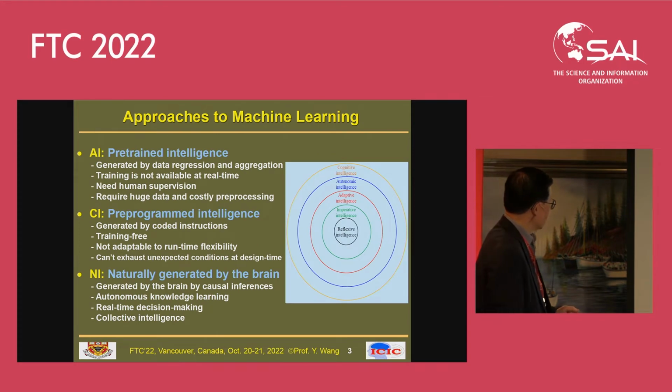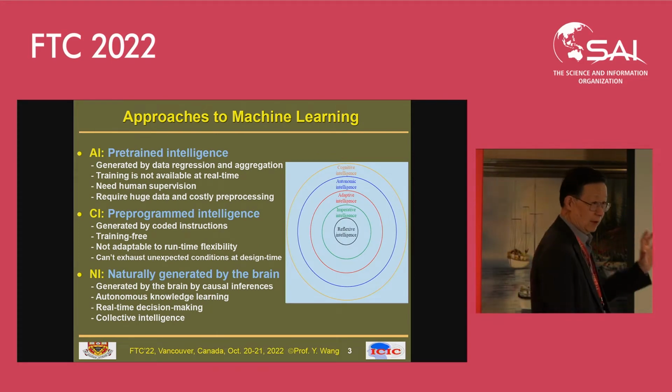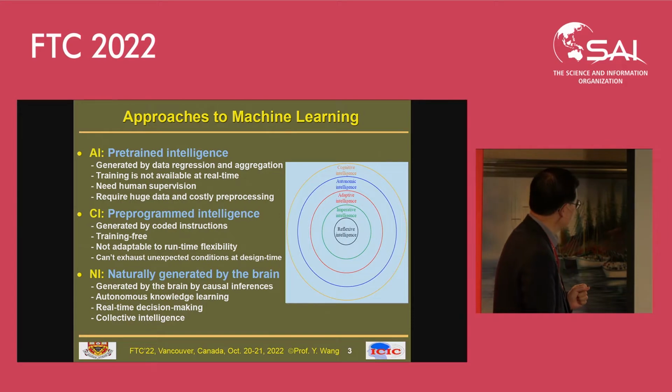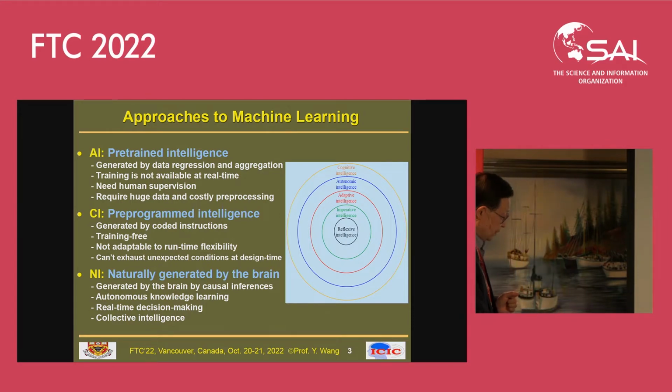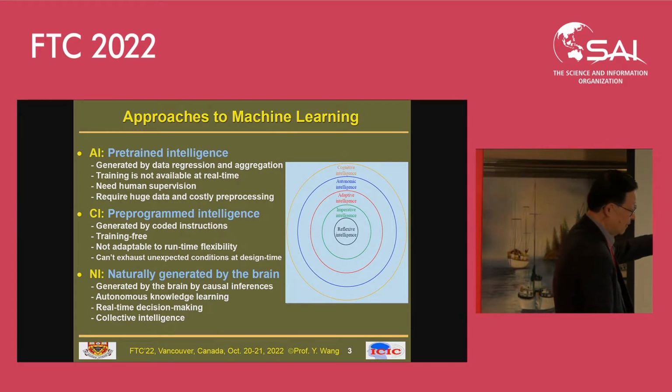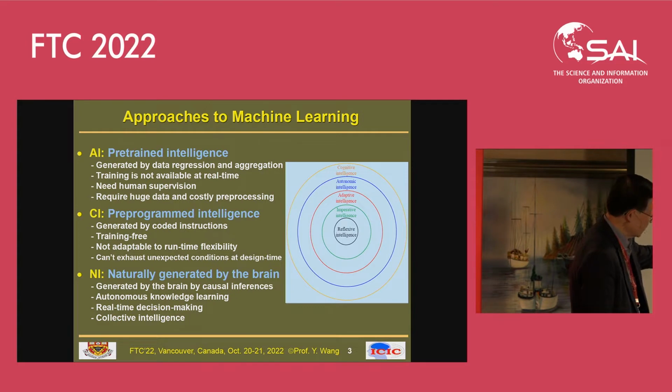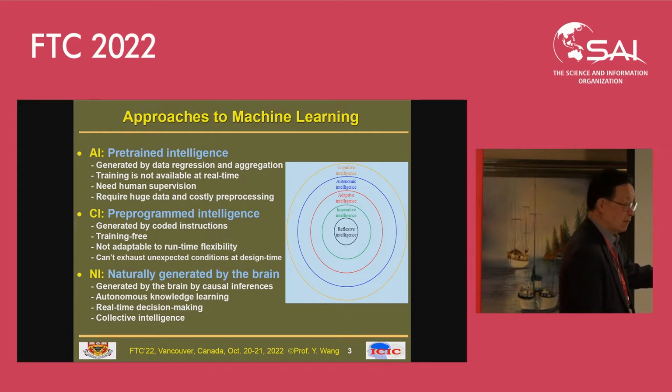This is the review of current approaches to machine learning. The major thing we need to know is the structure of intelligence science. Intelligence is a layered hierarchical structure.